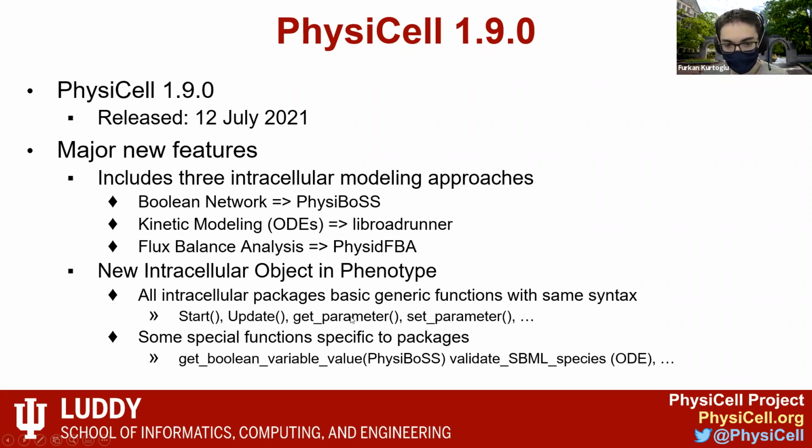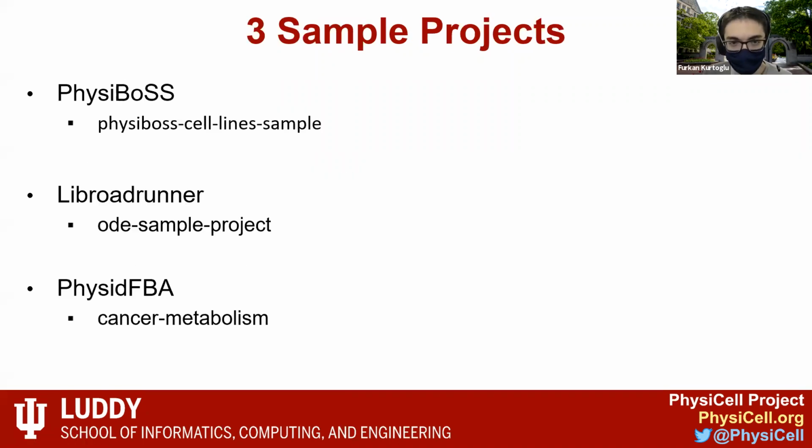Like start, update, get parameter, set parameter are mutual, and they can be used in any of these packages. Also, there are some functions specific to the packages, like validate SBML species. This is for ODE, and get Boolean variable value function is for PhysiBoSS.